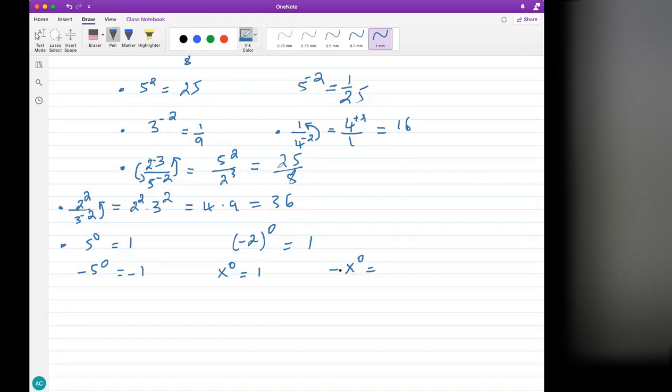Negative 1, that's right. The negative is not part of the base, so x to the power 0 is 1. What about negative x in parentheses to the power 0? That would be 1, whatever the base might be.